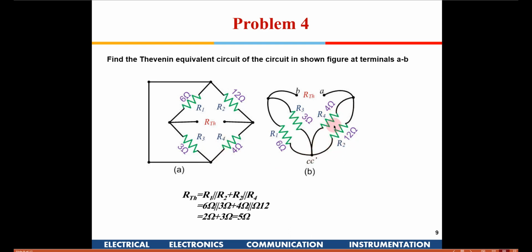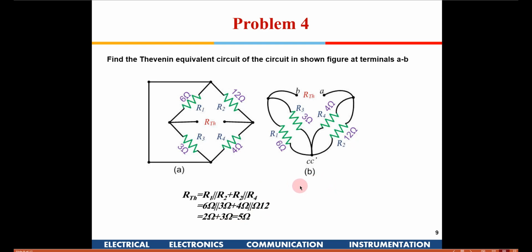So if I redraw it like this, now this becomes pretty simple. 4 and 12 are in parallel, 3 and 6 are in parallel, and those two parallels are in series. So Thevenin equivalent resistance will be R1 parallel to R2, plus R3 parallel to R4. The 6 and 3 are parallel to each other, 4 and 12 are parallel to each other, and then they are in series with each other. Is it clear to all of you?